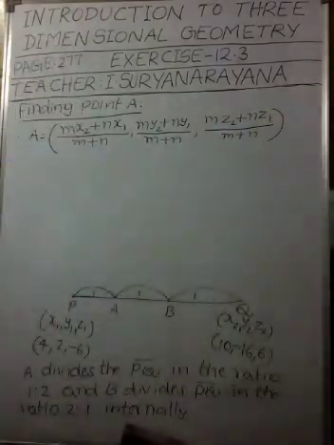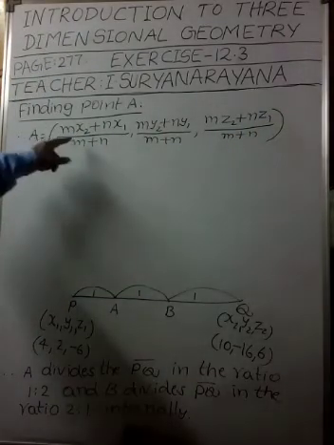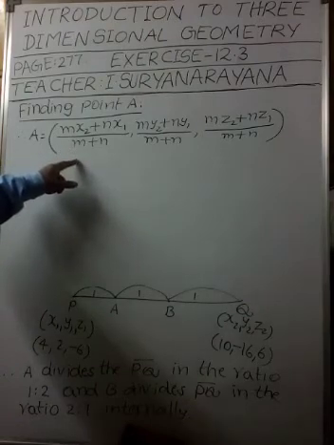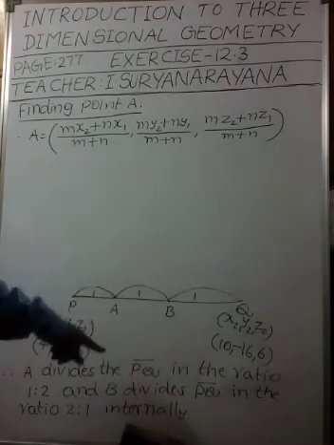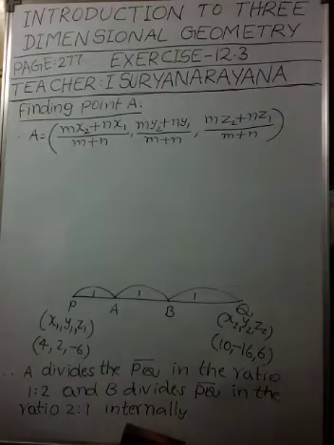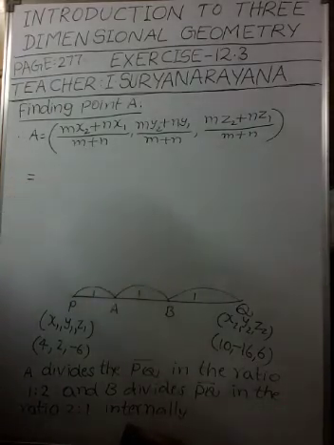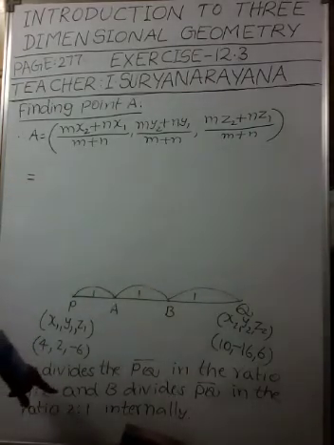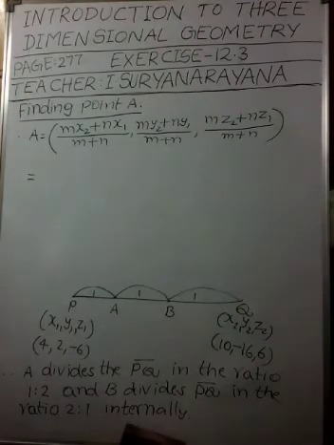This is the coordinates of the point A. We are using here section formula internally. So we are using this formula. In this formula, here m is equal to 1 and n is equal to 2. Okay, my dear children? Right.